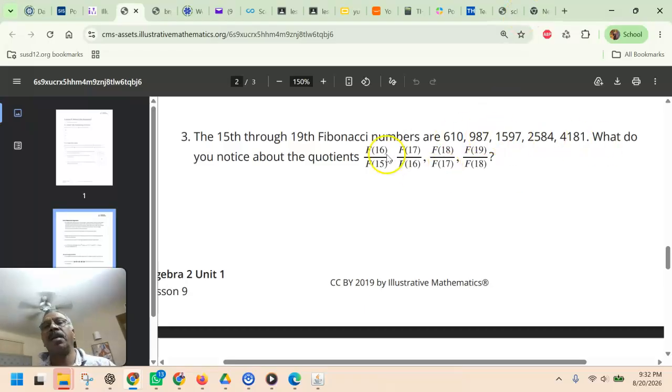You can put these numbers on your calculator and see the ratios increase and decrease between one and two.